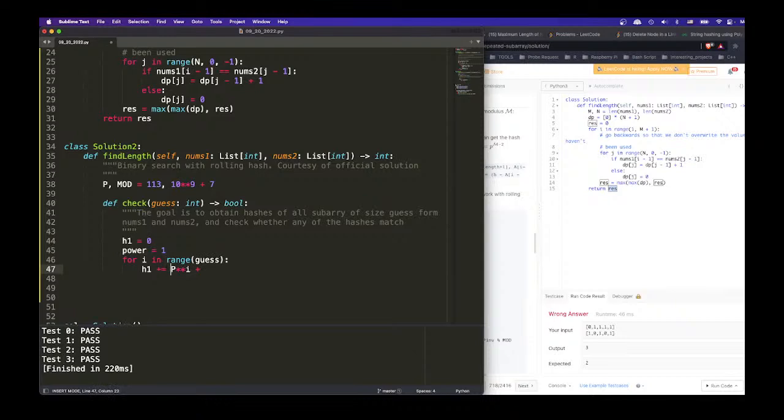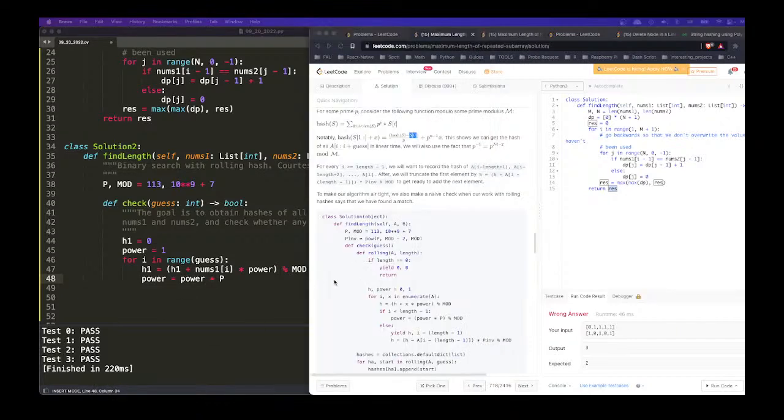So h1 plus equals nums1 I, this one times power. Well, I should say h1 plus this, mod, and power equals power times p. Something like this.